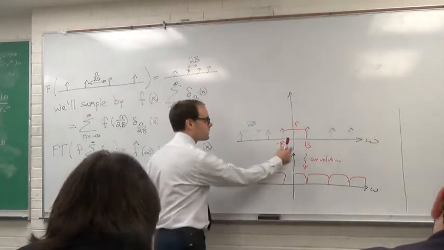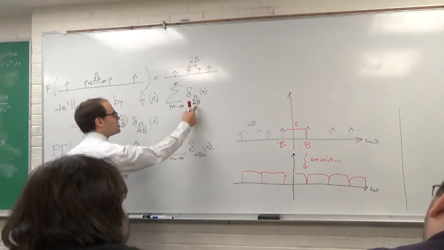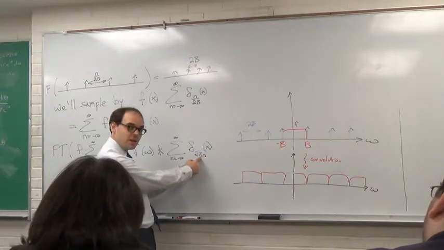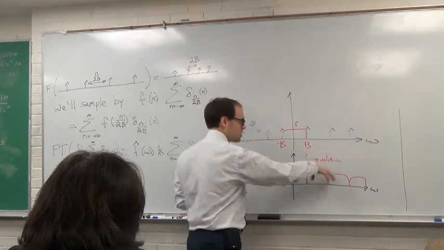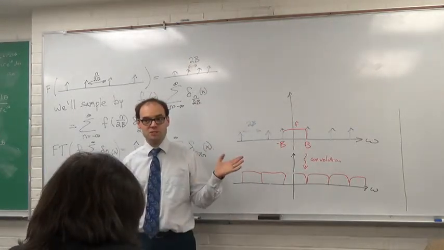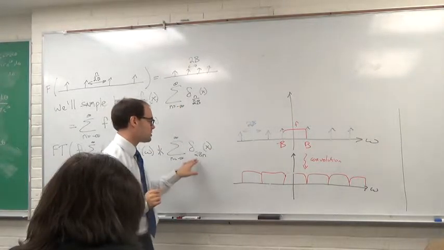Now, of course, if I were to sample faster, so take my spacing to be smaller than this, what happens is the spacing in frequency gets larger. These little bumps, these little supports of F, get farther apart, and there are gaps between them. Have I lost any information? No. On the other hand, what if I make it smaller?